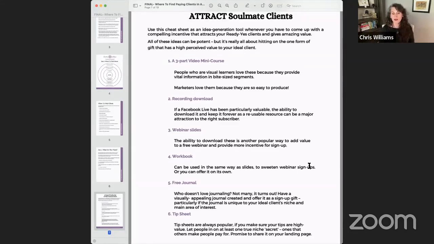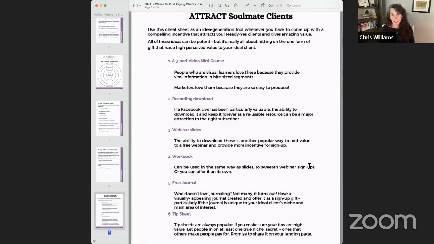The other thing that I want you to think about is some of these things are going to take a little bit more time to create than others. The things that take more time to create, those are not the things that you start with. If you don't have some sort of free value or a freebie or something, I really want you to start with something that takes no more than 2 hours to create. We want to keep it simple.